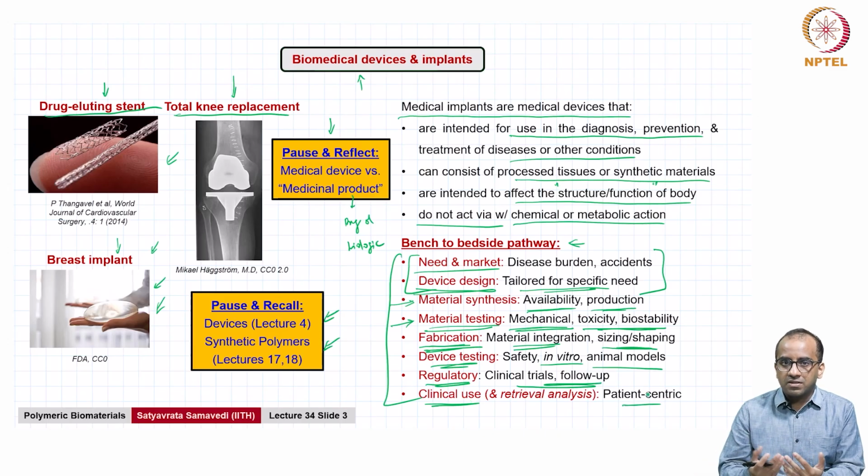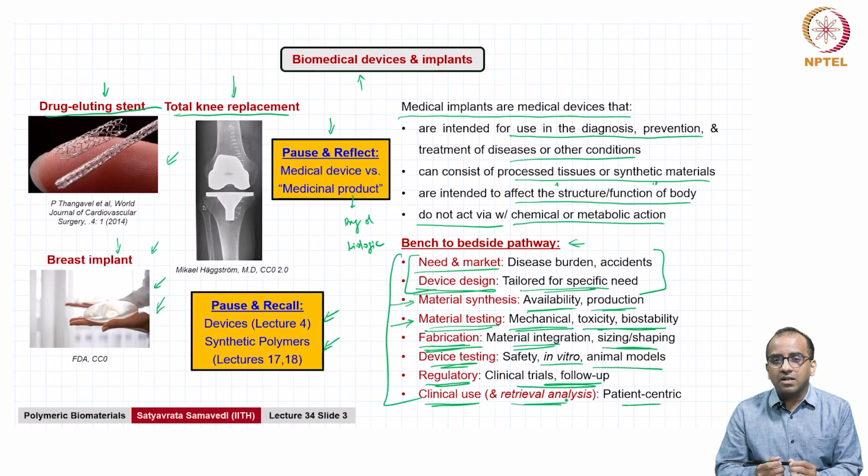And in some cases, unfortunately, you may have to retrieve the implant, either because the implant has failed completely, or perhaps it has undergone wear and degradation and needs to be replaced. So, for all such cases, retrieval is often required, but then what lessons we can learn after retrieving is very important, and that is something we will look at in this lecture again.